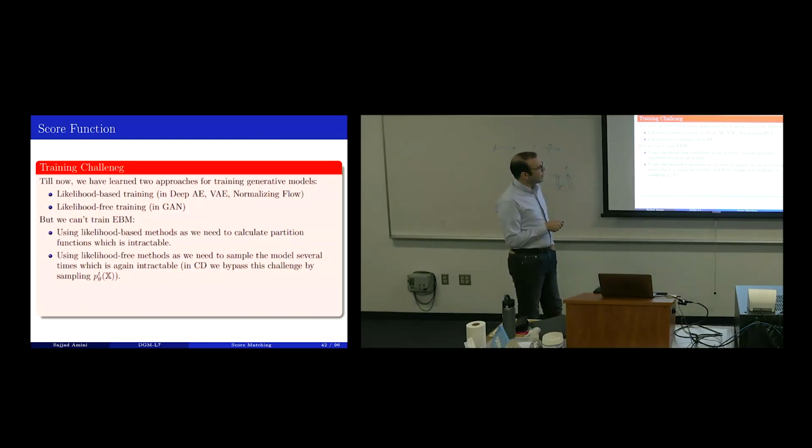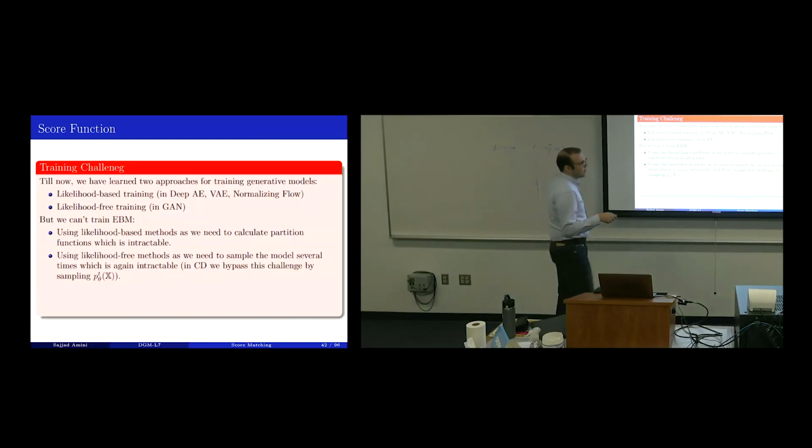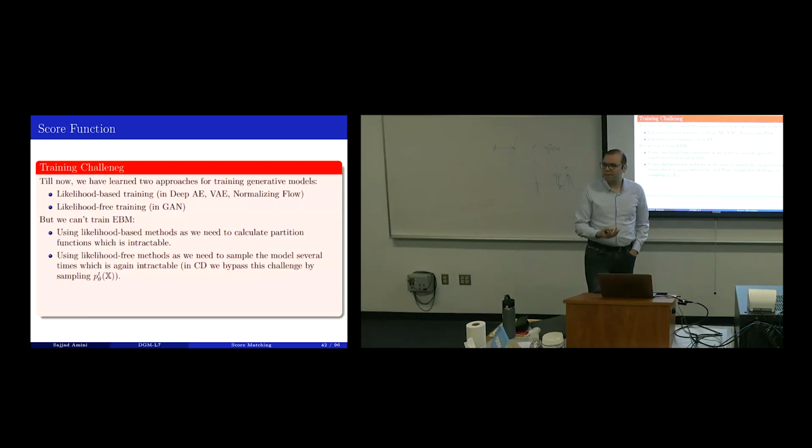Also, in likelihood-free methods, for example, in a GAN, you can easily generate samples. You can easily generate Z and then pass Z through your generator, and you have samples of your model. So generating samples in that model is very easy. But here, you still cannot generate samples easily because you need to run a Markov chain Monte Carlo method.